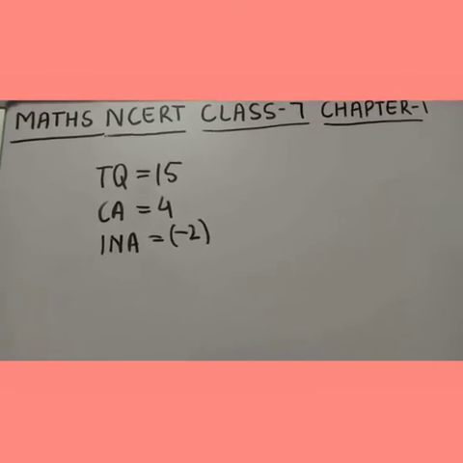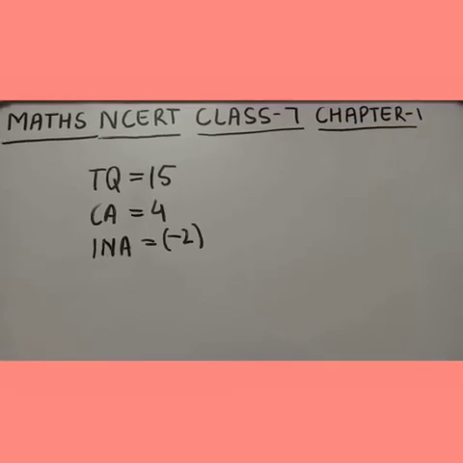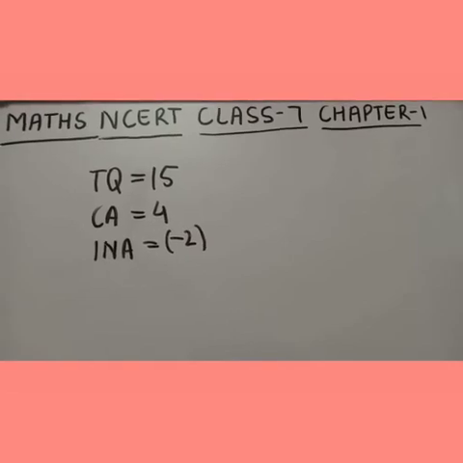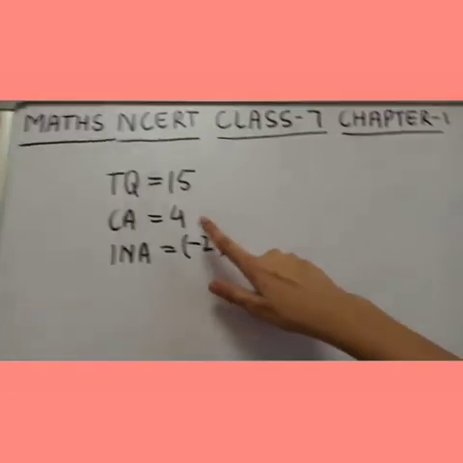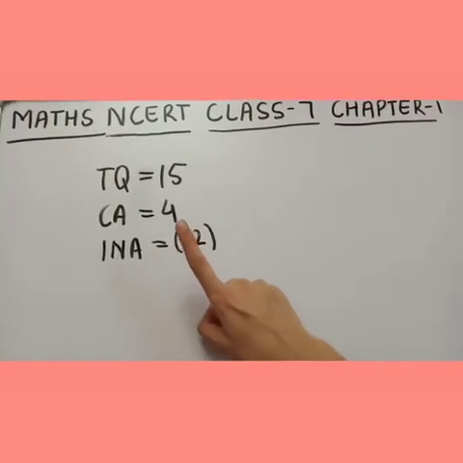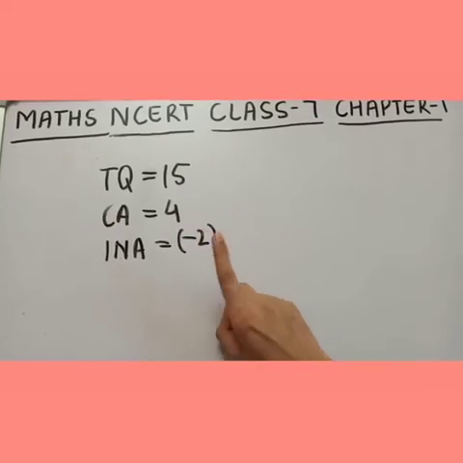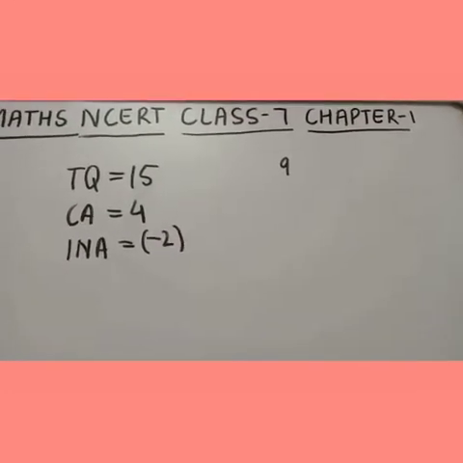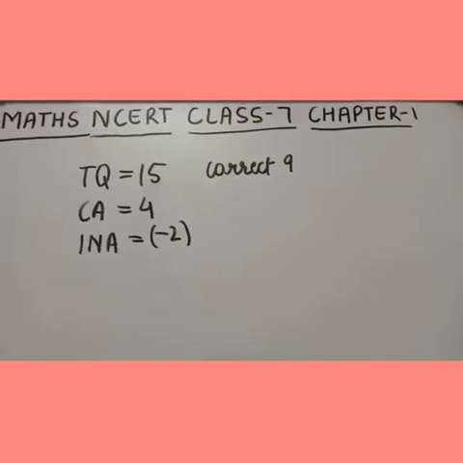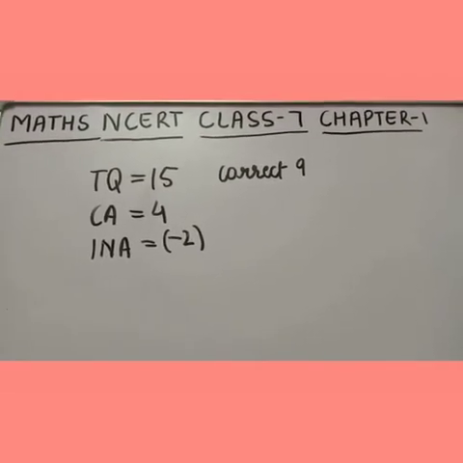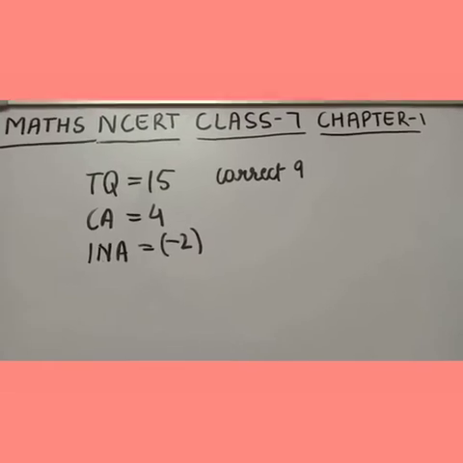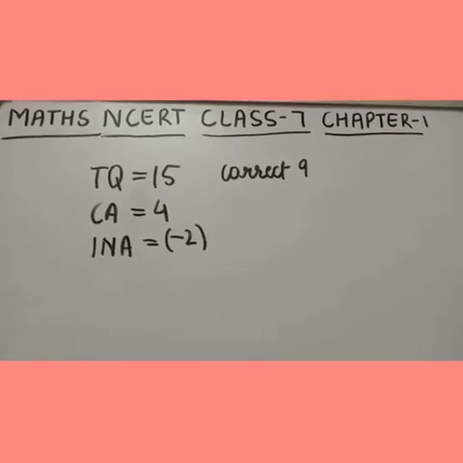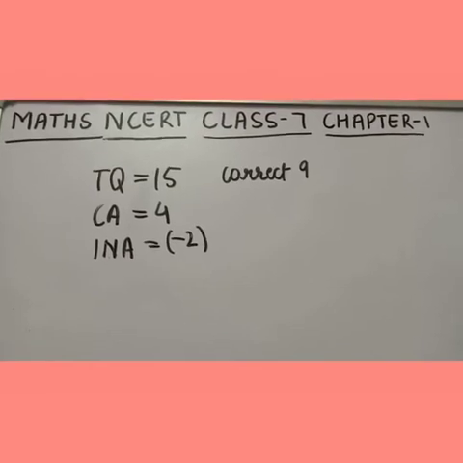Now they have given the name of one child, Gurpreet, and they have told that she has attempted all the 15 questions and she has got only and only 9 of her answers correct. And they have told us to find out Gurpreet's score, how much Gurpreet scored in the class test. So how will we do this?